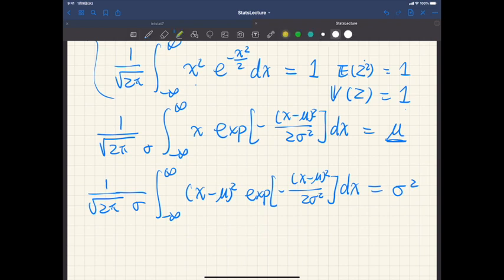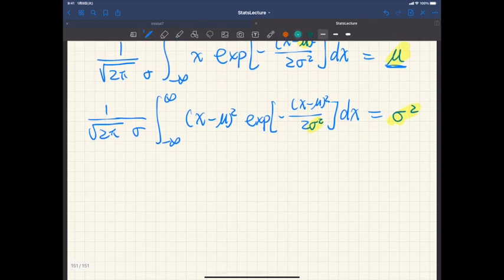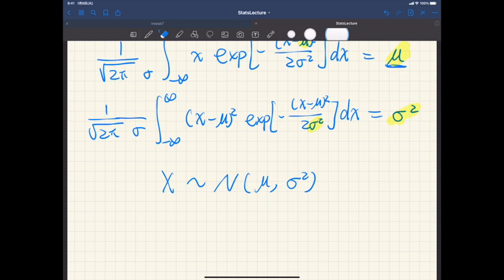So this sigma squared appears here, and this mu appears here. So if a random variable follows a normal distribution with parameters mu and sigma squared, then its mean is mu, and its variance is sigma squared.